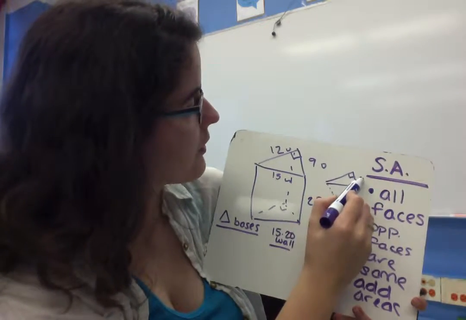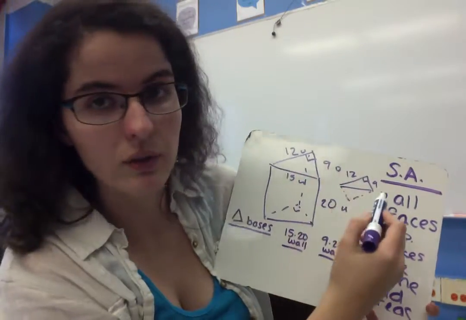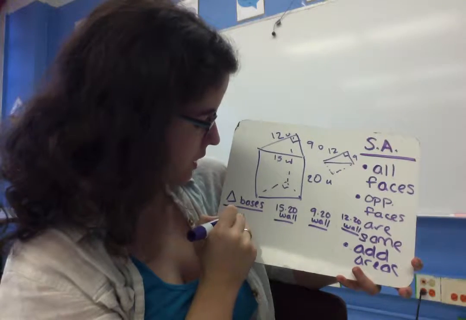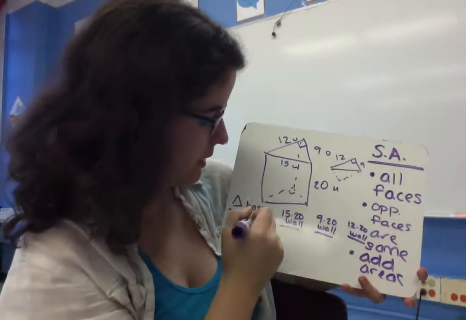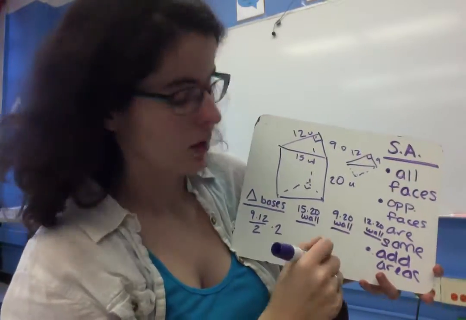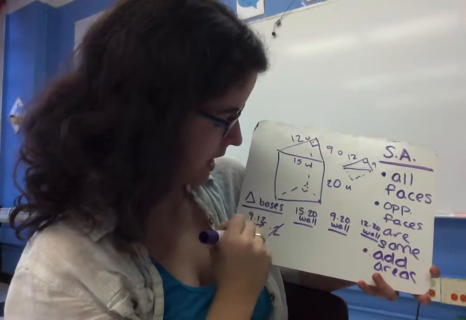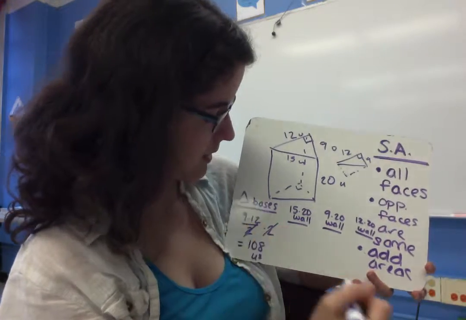Where the right angle is, I've got 9 by 12, so that tells me that I need to do 9 times 12 divided by 2. So for one triangle, it's going to be 9 times 12 divided by 2. But I have 2 of them, so I can multiply that by 2. If I'm doing divided by 2, multiply by 2, that just cancels out. I can just say 9 times 12 is going to be 108 square units.